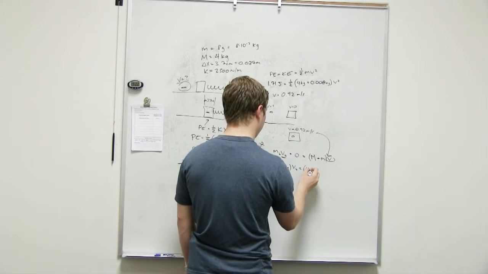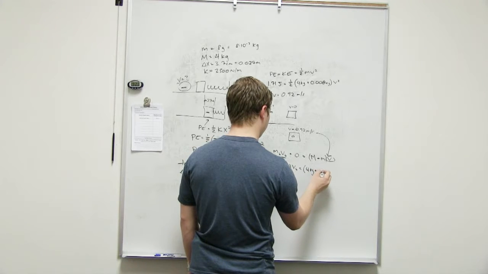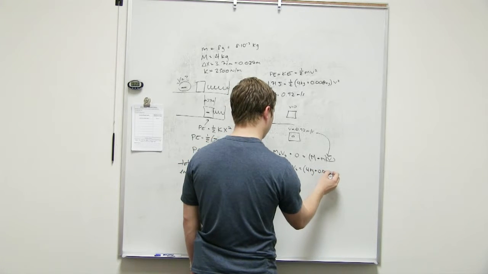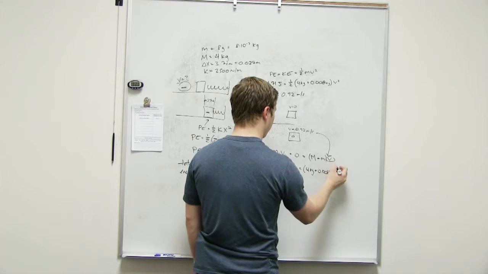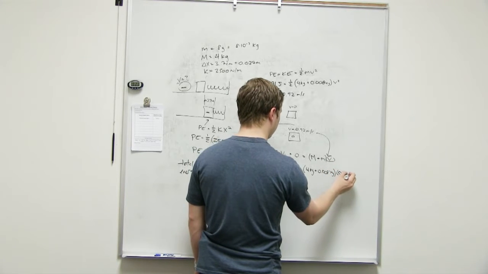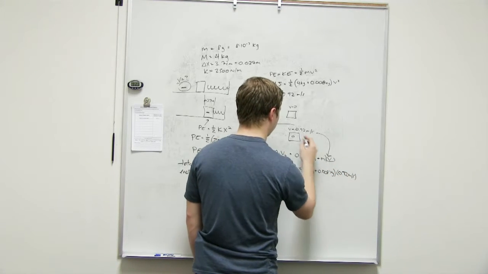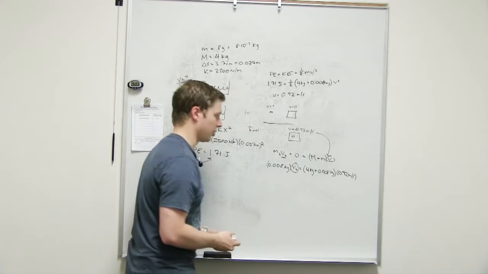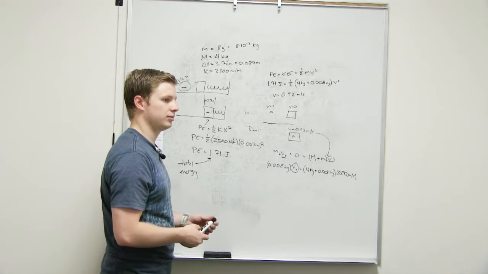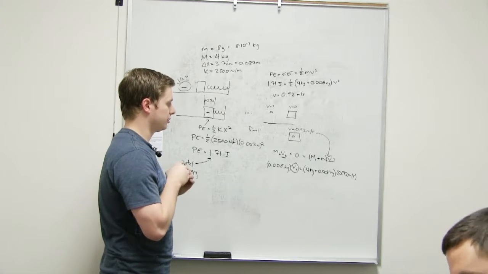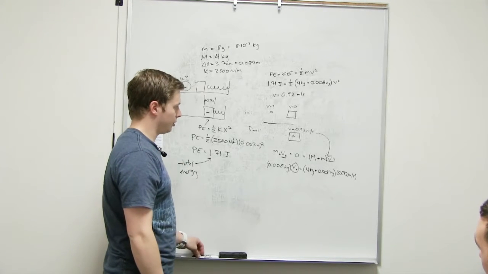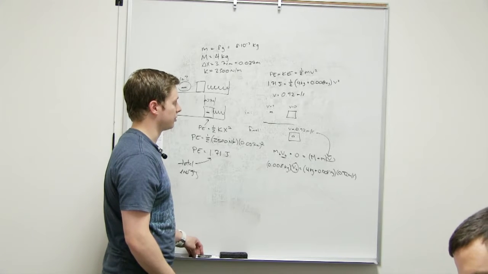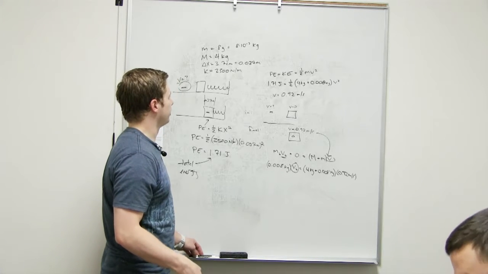Then we have our mass of the block plus the bullet times this new velocity of the whole thing afterwards. And then we just solve for the bullet. And that should get you what you're looking for.